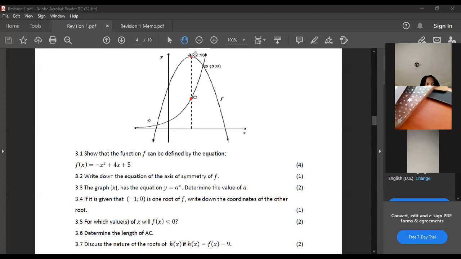Now, what is the y coordinate here? We need to find the y coordinate here because we know the x coordinate is 2. Let's find the y coordinate.